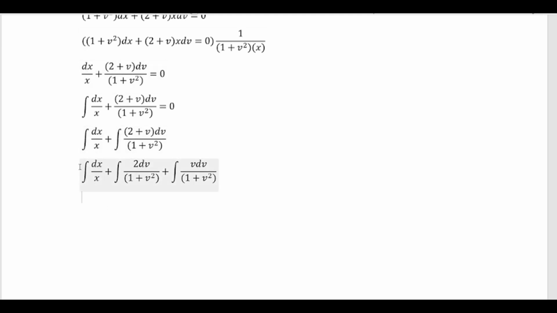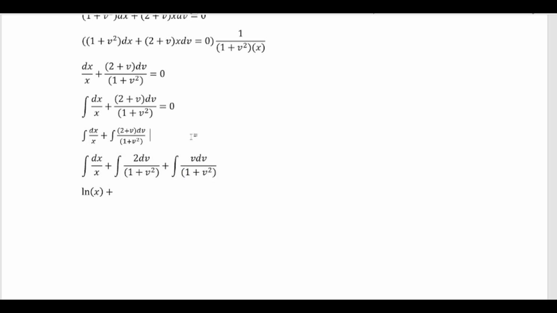So let's insert equation. Integration of dx over x is simply ln x. Okay, that's it. Plus, okay, we'll be leaving this one as it is muna. Plus this one muna. Okay, so let's focus on this one first. Copy. Then let's move over here. Paste. And then equals.